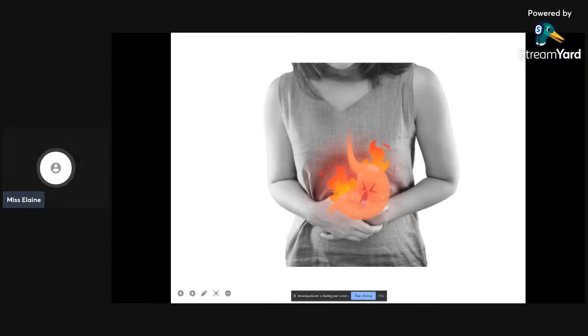This hydrochloric acid is in the gastric juice. What is the function of this hydrochloric acid? It breaks down the food and activates the digestive enzyme to split up proteins. This hydrochloric acid also kills bacteria. Okay?